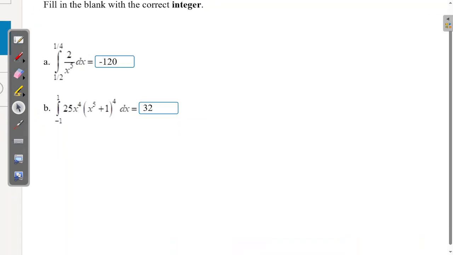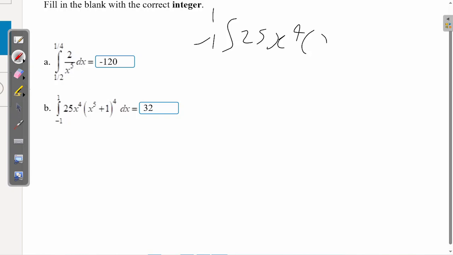Now this is a tricky question. Okay, from negative 1 to 1, 25x power 4 times x power 5 plus 1 power 4 dx. Now this is very hard to solve directly. The power 4, and you have to distribute and everything. So what do we use here?